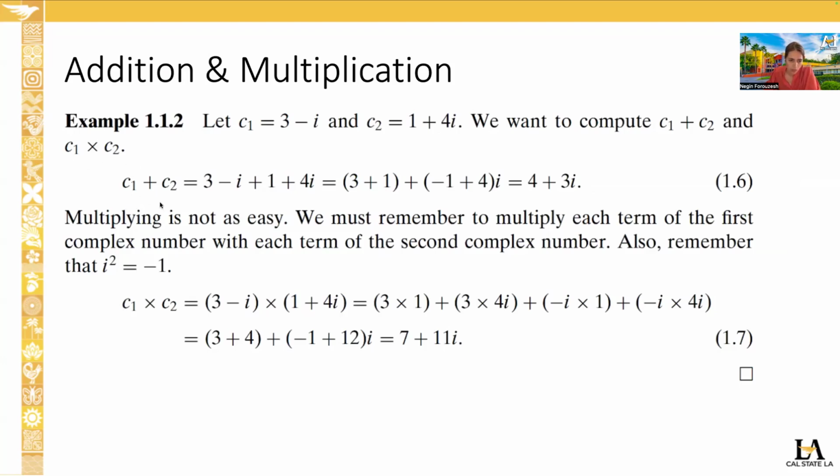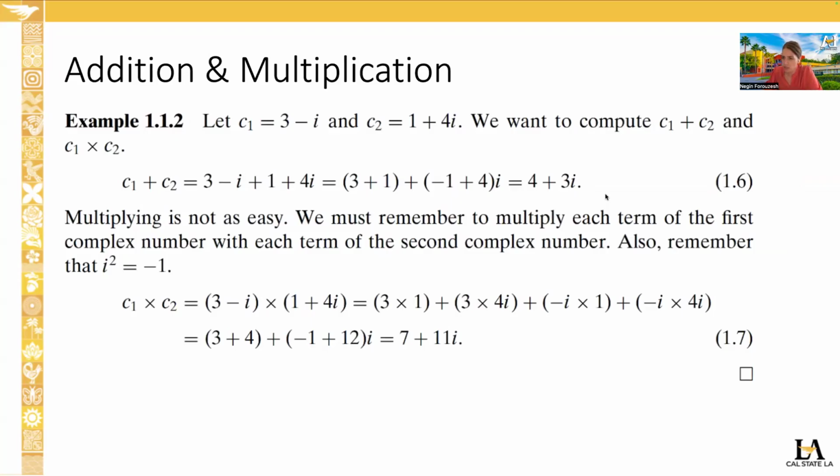So the addition is pretty straightforward. You just simply add up the related parts. So you have 3 minus I plus 1 plus 4I. So 1 and 3, you just add them together. And then you have minus I plus 4I, which is 3I, and that's it.